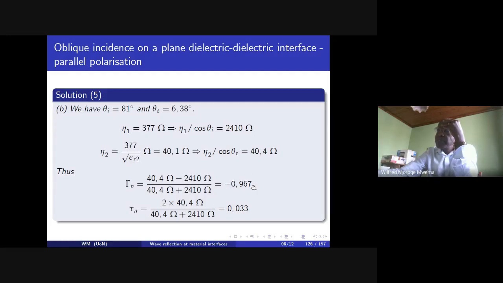You can also give this as 96.7% if you like, depending on how you like giving your figures. There will be no problem. They are just ratios. The transmission coefficient for that normally polarized wave is of course going to be given by twice the effective impedance of medium 2 over the sum of the effective impedances at the bottom. And you see it's a very small value of 0.033.